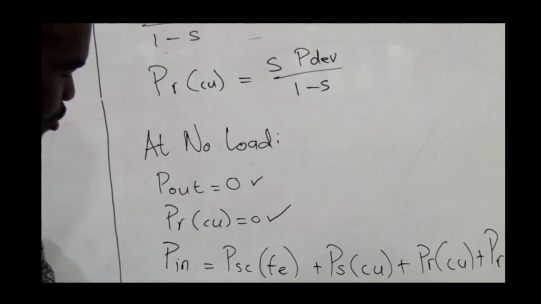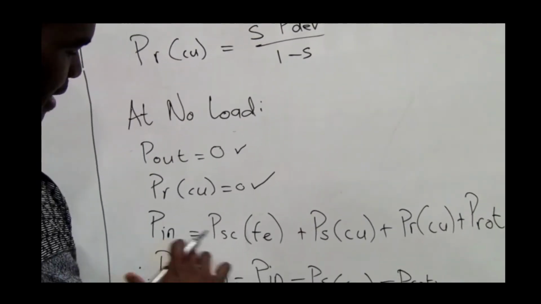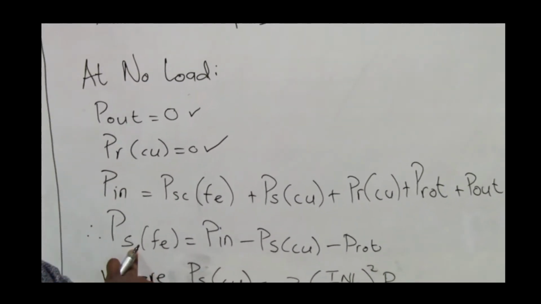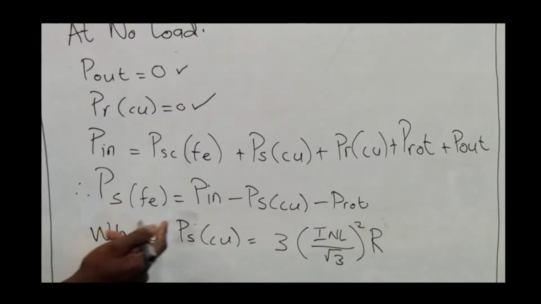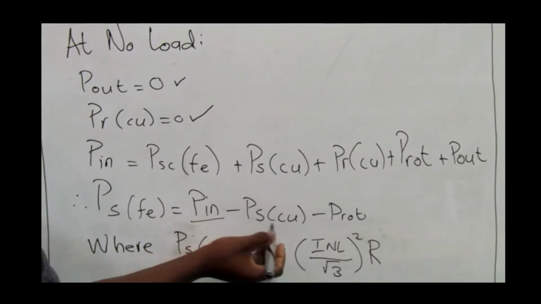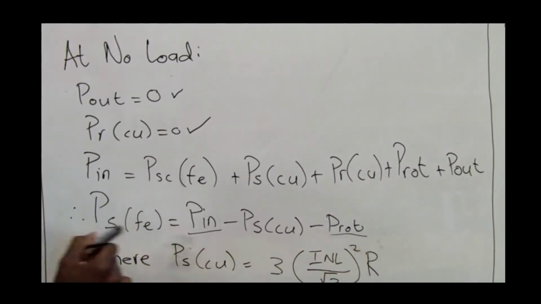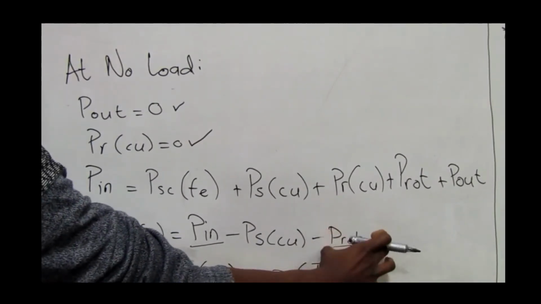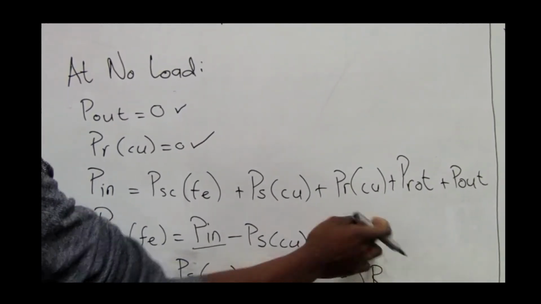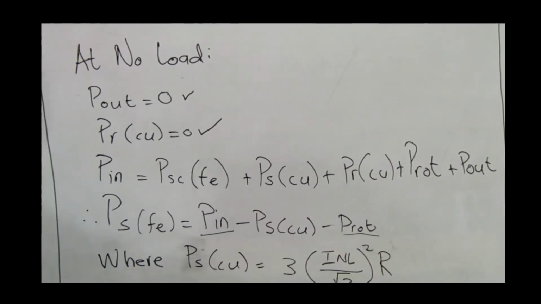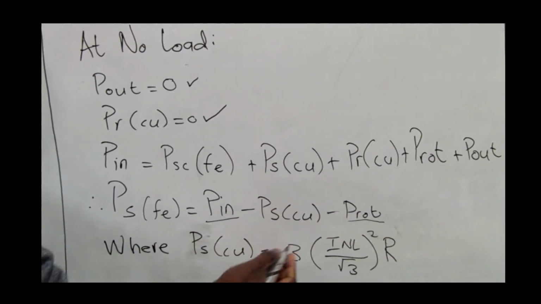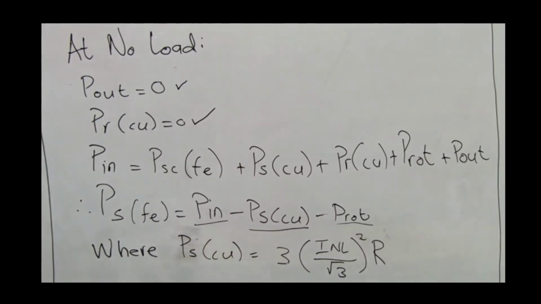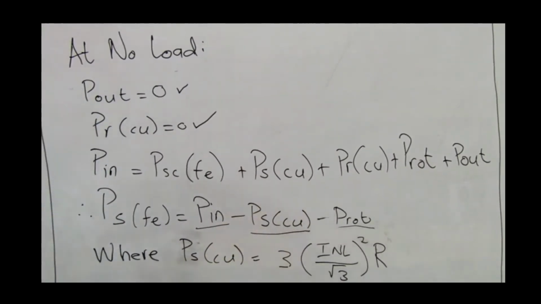So what you can do is find the stator iron losses by using your P-in and also your P rotational losses, which most of the time are given in the data. You can also use the stator copper losses given by the current and the resistance of the motor.